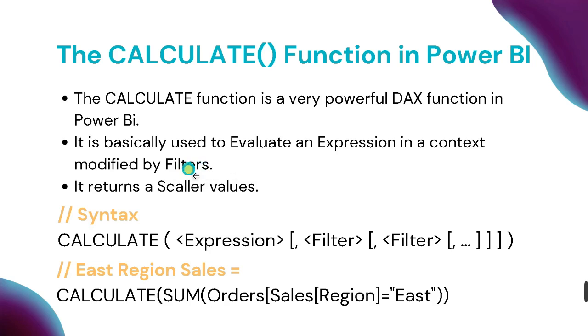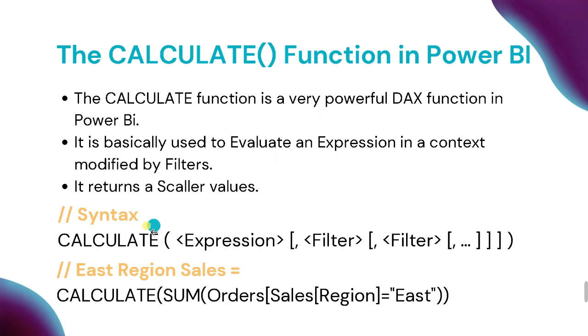In that case we use this CALCULATE DAX function. The return type of this function is a scalar value, which means a single value. And remember, this is a very commonly used DAX function in Power BI, one of the most important DAX functions.